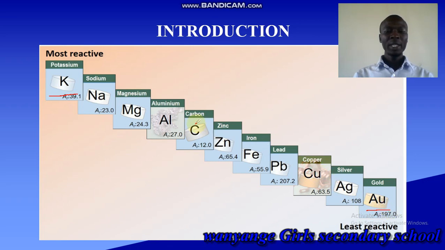So you can see that these elements are arranged from the most reactive element, which in this case is potassium, to the least reactive, which is gold. So as you move down that series, the reactivity decreases. Okay, great.